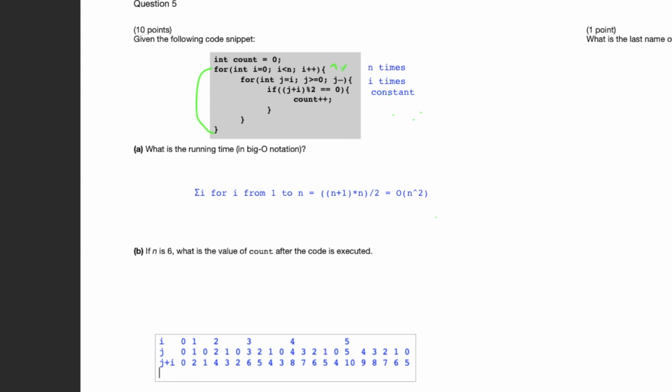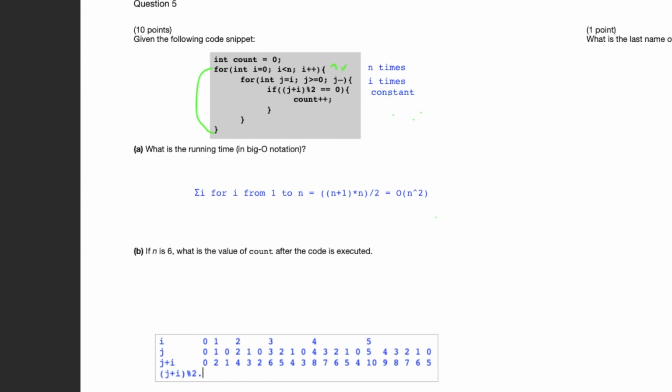Then j plus i mod 2: basically each one of these columns is one iteration of checking the if statement in the middle.